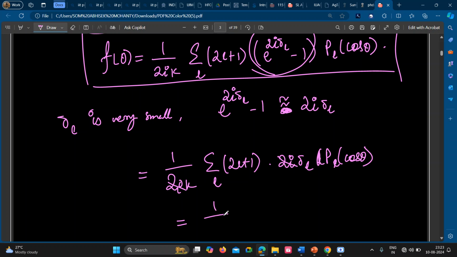The expression I'm getting is 1 by k, summation (2L plus 1) delta L P_L cos theta.